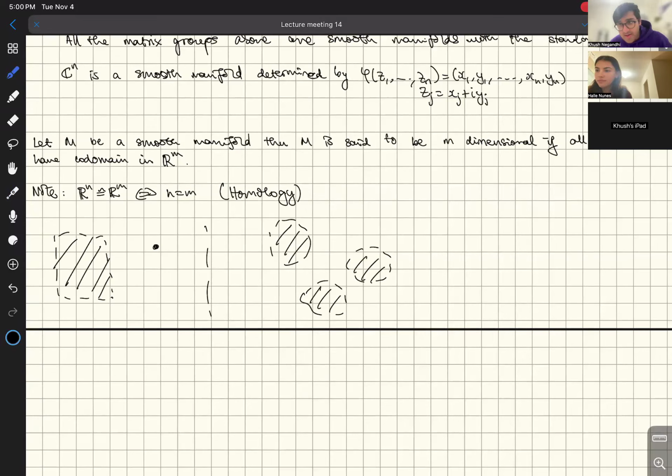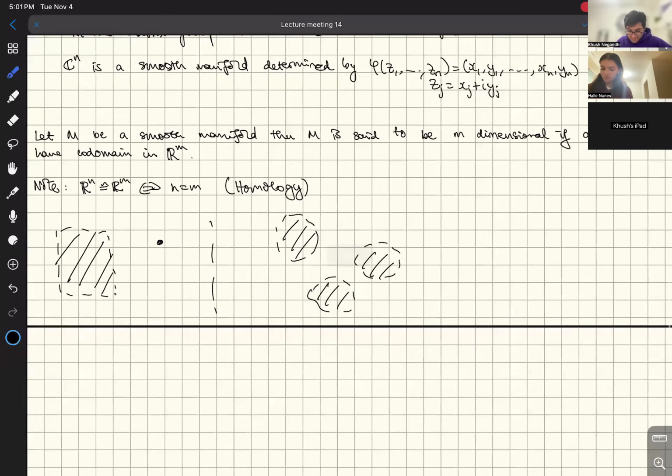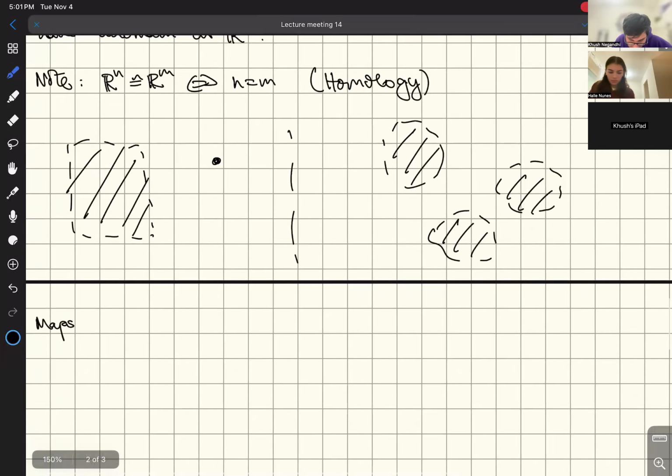When we talked about category theory, we saw that whenever we introduced a new object, we also talked about maps between those objects. So in the case of smooth manifolds, what should these maps be? I hope it's clear, at least in terms of naming, that it should be smooth maps.